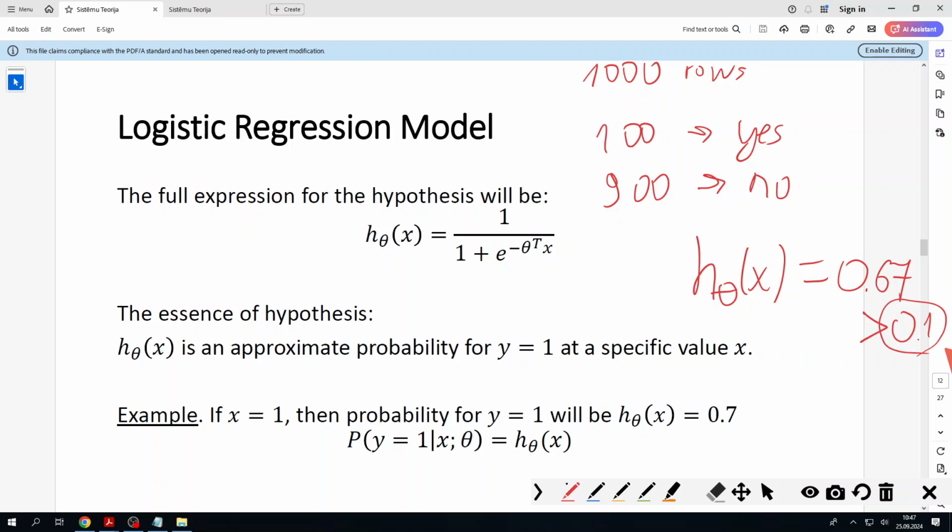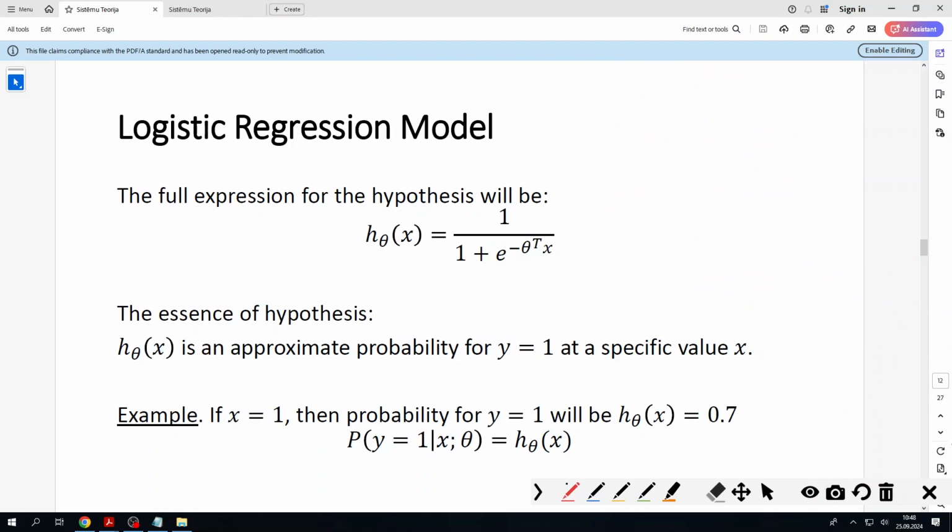But for the majority of cases, we are going to have 0.5 just because both events are equally probable, and based on that, we can basically round this number. So if it's more than 0.5, it's going to be rounded to 1. If it is less than 0.5, then it is going to be rounded to 0. As simple as that.